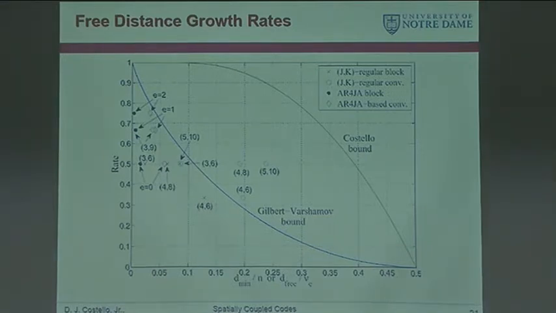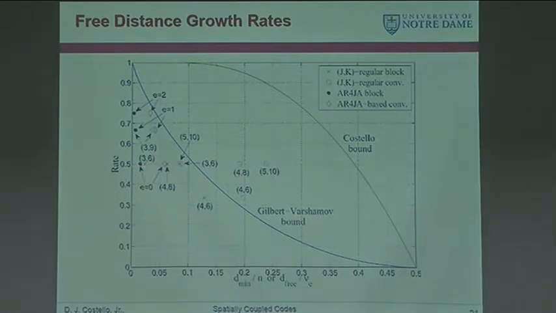And the circles are the convolutional code ensembles. So we see that the growth rate associated with the 3,6 convolutional code ensemble is about 0.086. The growth rate associated with the block code ensemble is about 0.023.